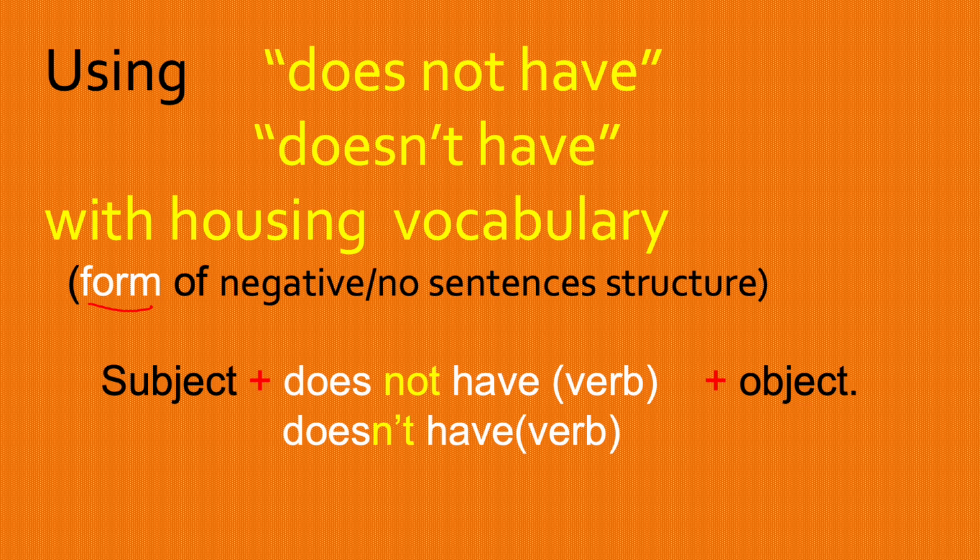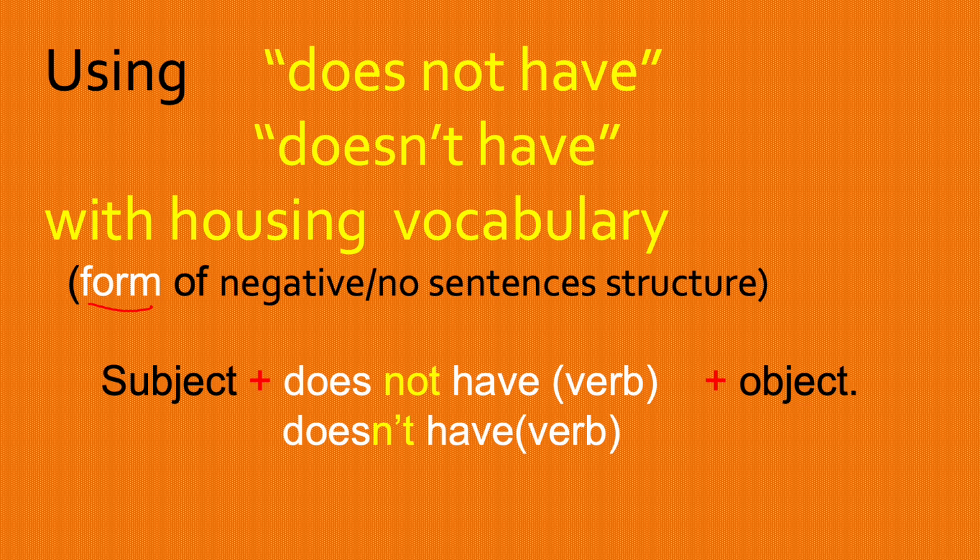In English, sentence structure is first subject, and after that you have to write negative, does not have, this is the verb, then object. So in this simple present have sentence structure also has a form.